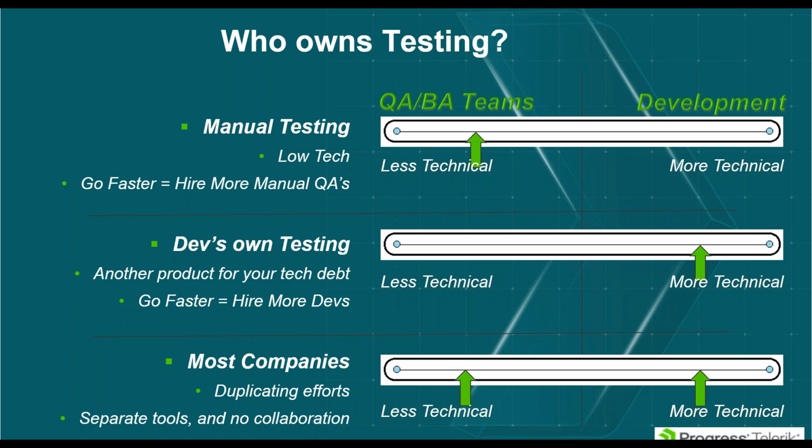They have both less technical and more technical departments, which are involved and kind of split the ownership of testing. The problem here is that most often they use separate tools. Sometimes they really duplicate the effort without knowing what the other is doing, which means that there is hardly any or no collaboration between them.